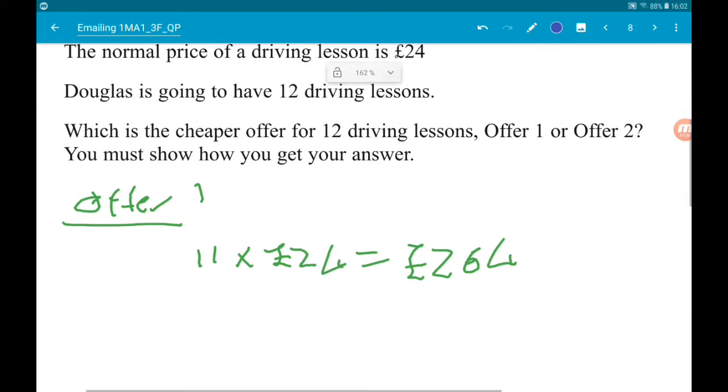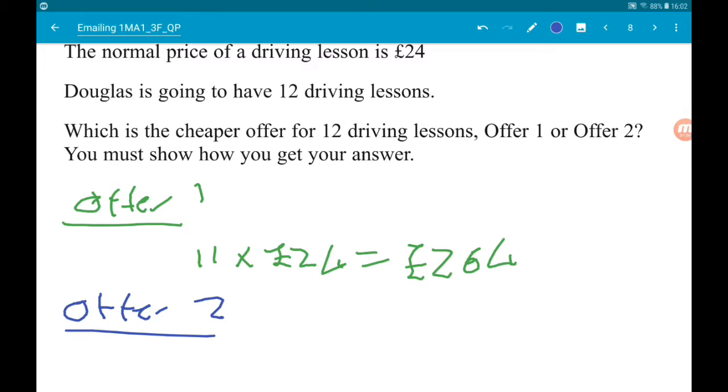Now for offer 2, so if you get 5% off the cost of every lesson, you can work out the total cost of it normally and then take 5% of that off at the end. If you prefer, you could reduce the price now by 5%.